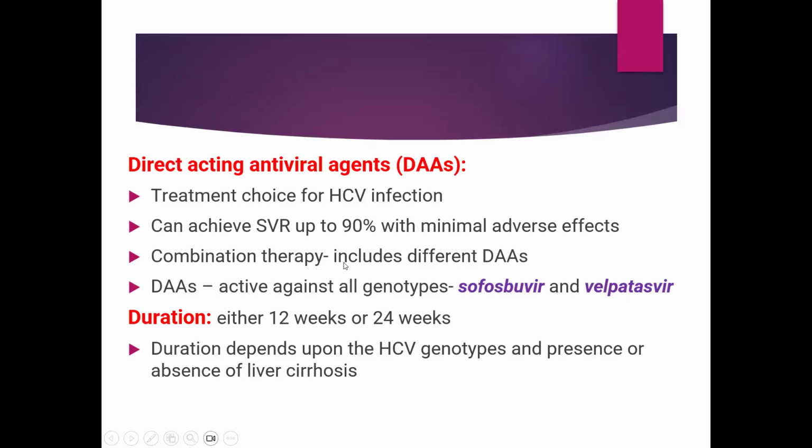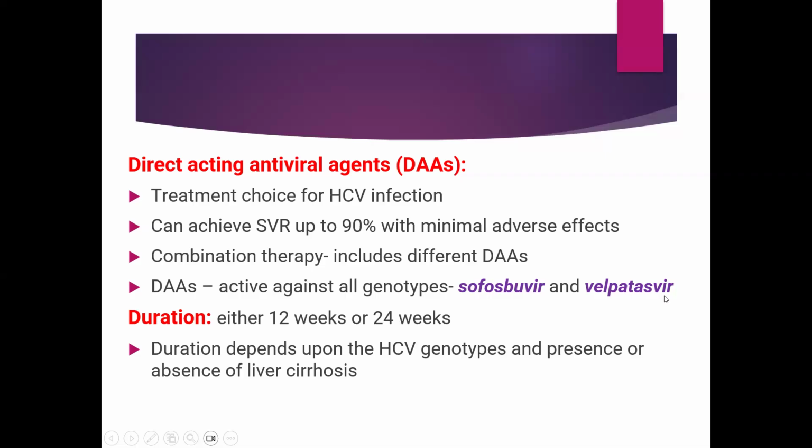Combination therapy means we include different DAAs, direct acting antiviral agents. Most of the DAAs are active against all genotypes, so these drugs work on all the genotypes present in the patient. We mostly use DAAs such as sofosbuvir and velpitasvir.